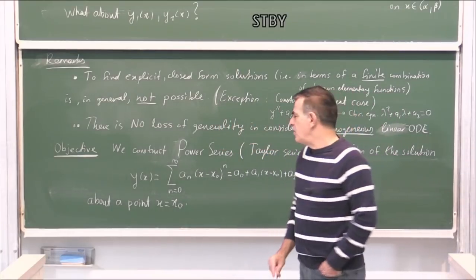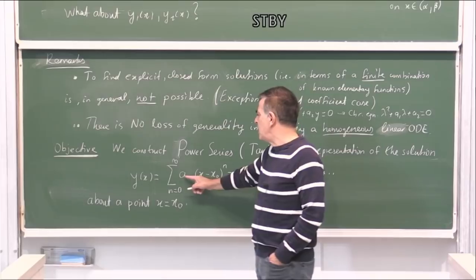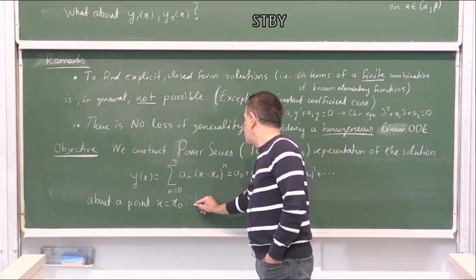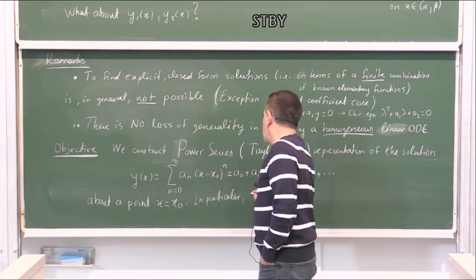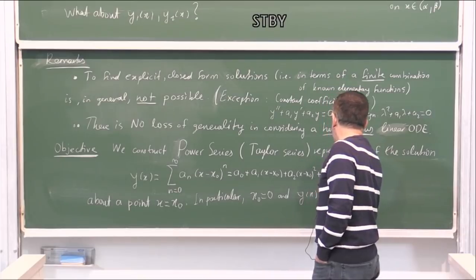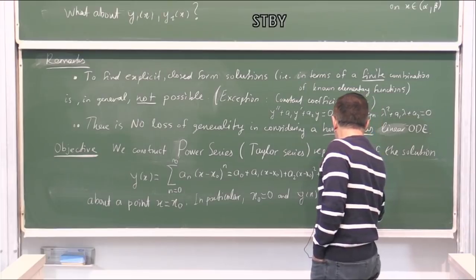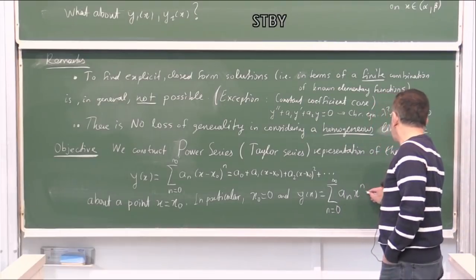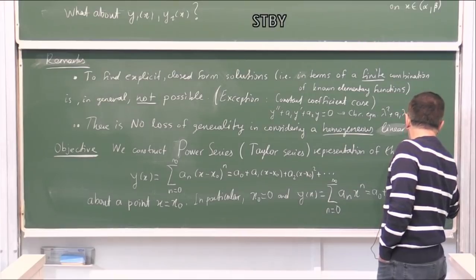In particular, if x0 is 0, okay, we are looking for a solution like a_n times x to power n. In particular, x0 may be 0, and we consider a solution of the type, good, which is a0, a1 x, a2 x squared, and so on.